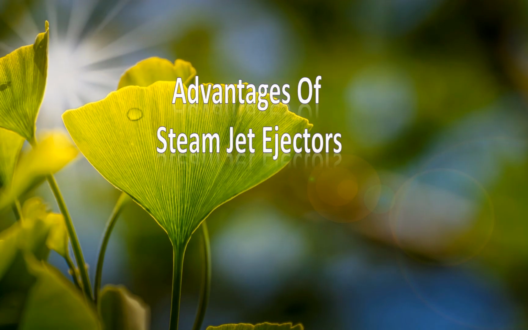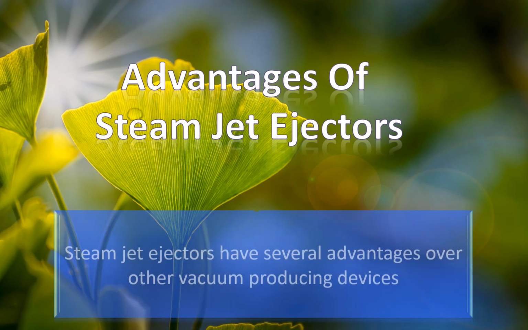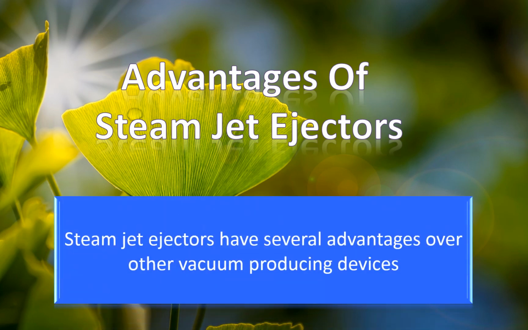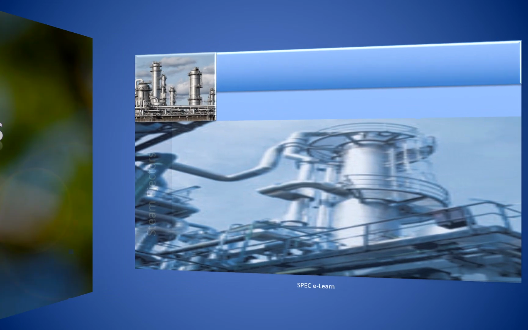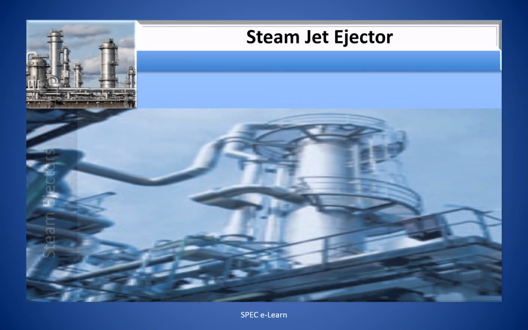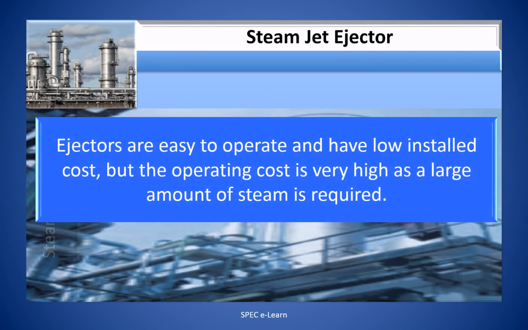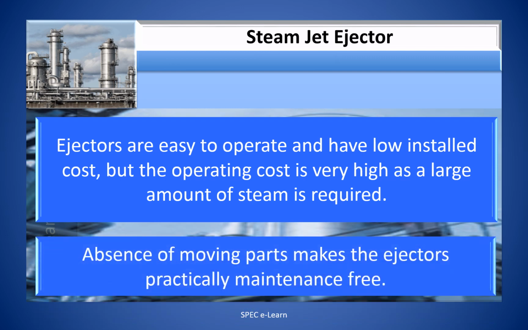Advantages of steam jet ejectors. Steam jet ejectors have several advantages over other vacuum producing devices. Ejectors are easy to operate and have low installed cost, but the operating cost is very high as a large amount of steam is required. Absence of moving parts makes the ejectors practically maintenance free.